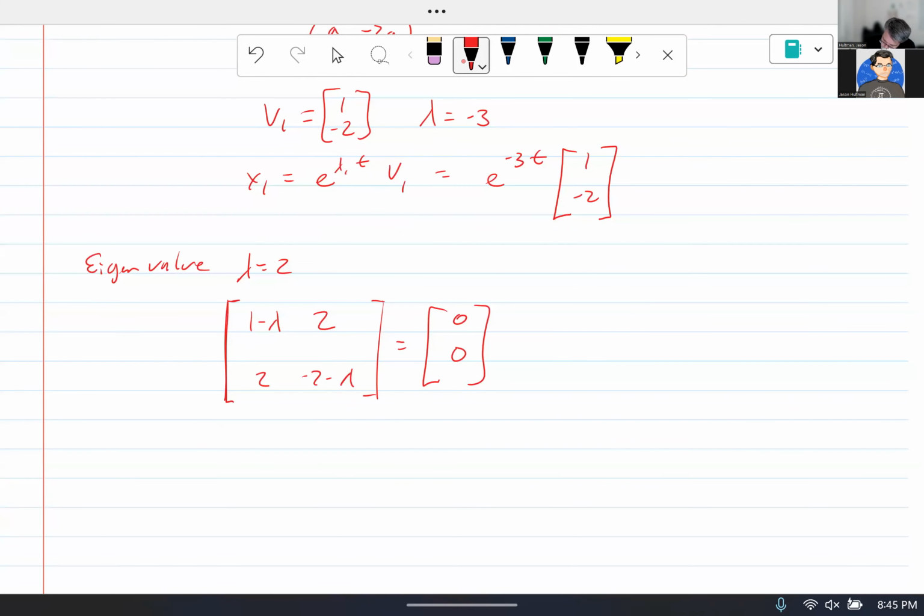And so this is going to be -1, 2, and 2, and then this is -4.